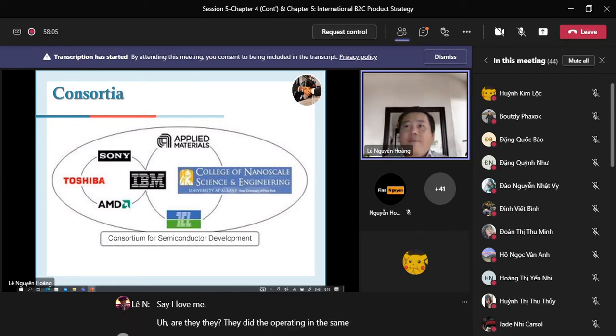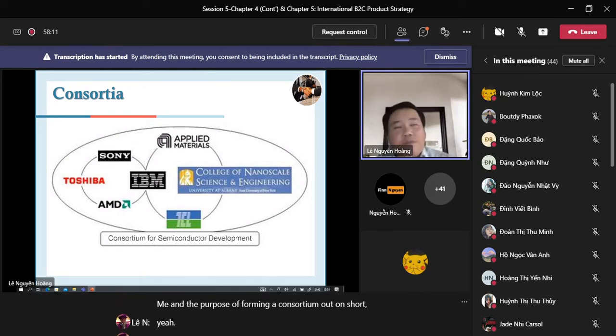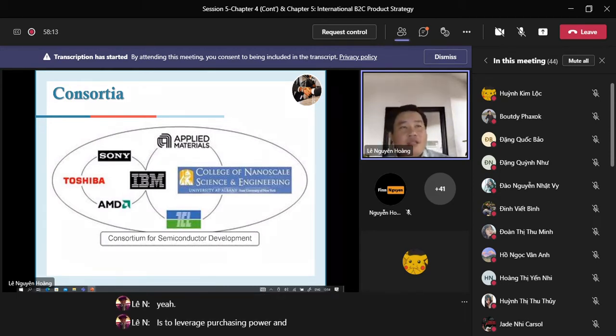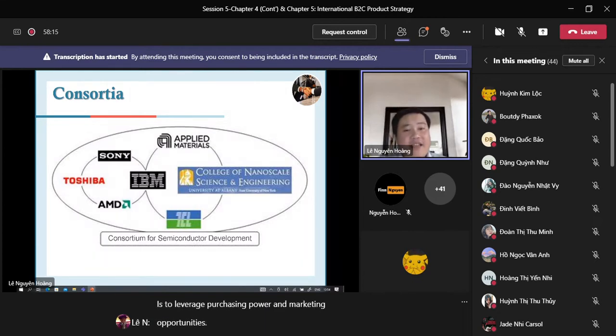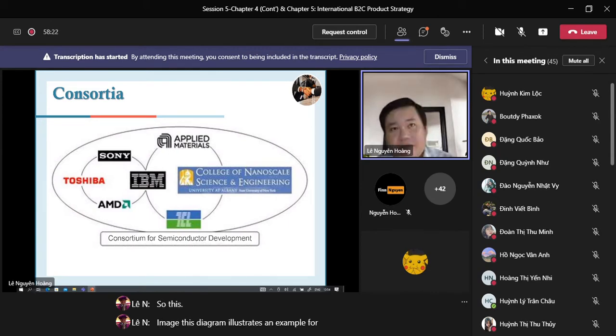The purpose of forming a consortia is to leverage purchasing power and marketing opportunities. So this diagram illustrates an example of a consortium for semiconductor development.